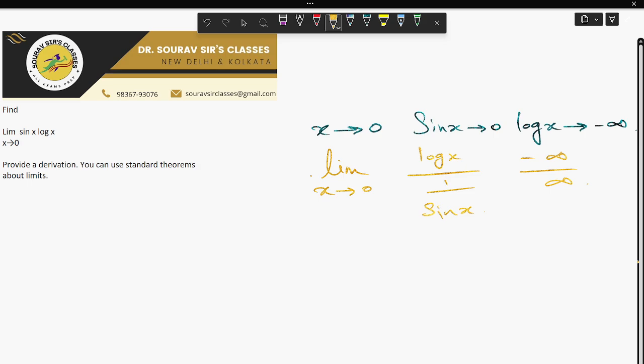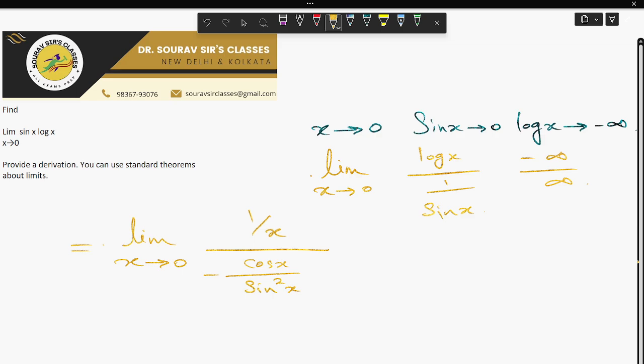So then what we will get? Limit x tends to 0. The differentiation of log x with respect to x will be 1 by x, and for 1 by sin x, that will be minus cos x by sin square x. We are using the chain rule of derivative.